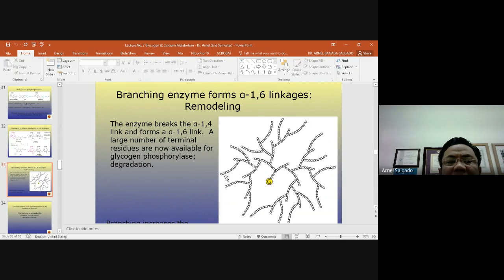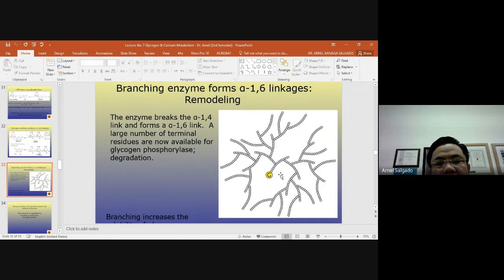The enzyme breaks the alpha 1,4 link. Remember, there is always an interconnection between 2 molecules in the alpha 1,4. A large number of terminal residues are now available for glycogen phosphorylase degradation at the same time.